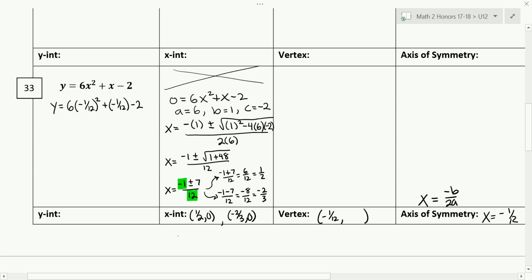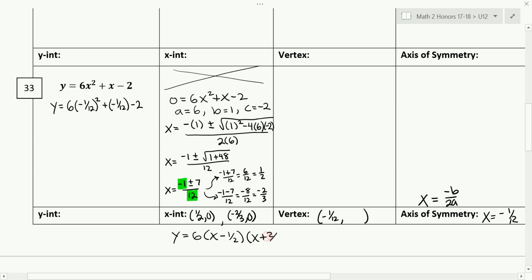By the way, before I do, what would factored form be? Y equals a times x, if 1/2 is an x-intercept, x minus 1/2. And what's the other one?